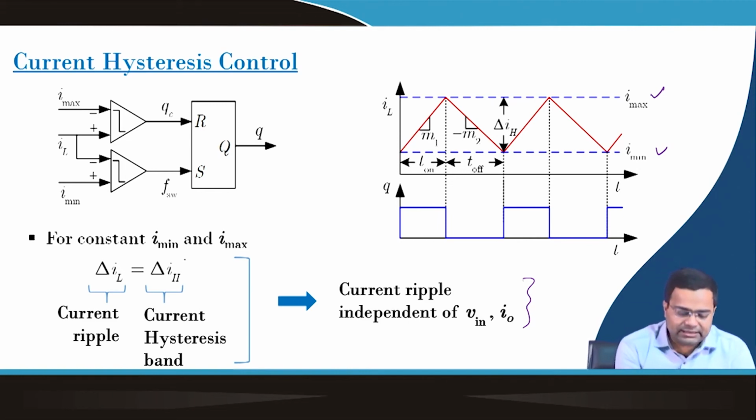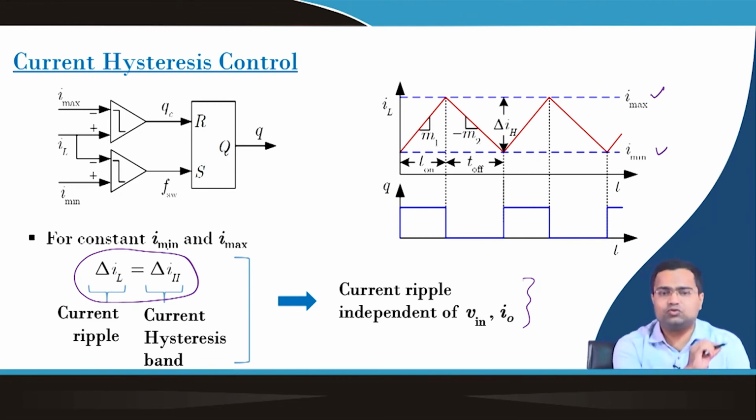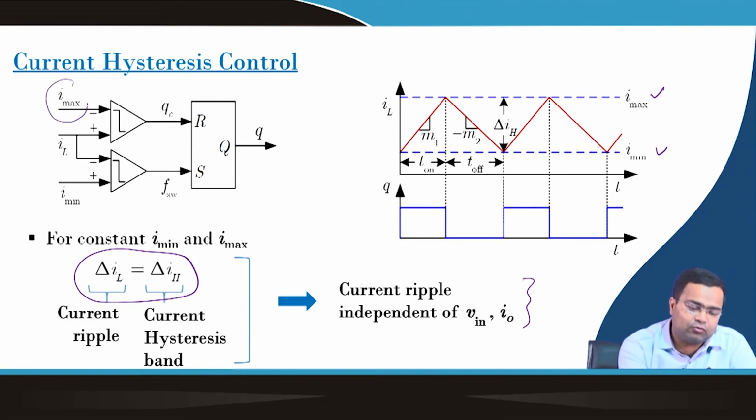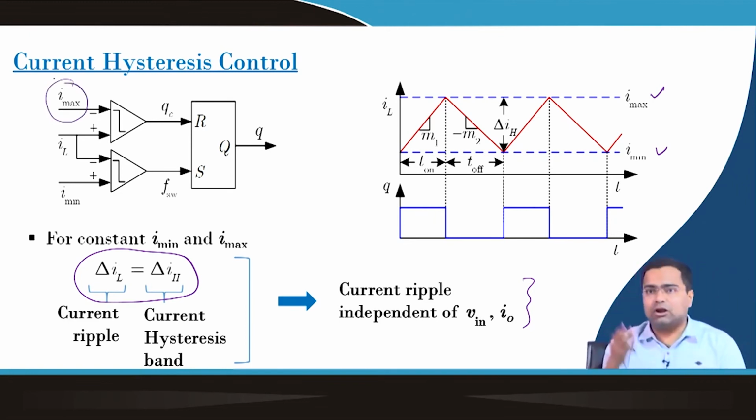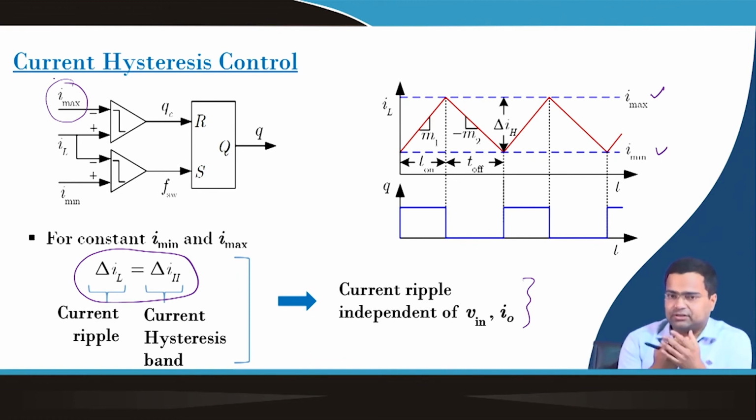But this condition cannot be met when we design closed loop control, because one of the current references will come from the outer loop, the other current reference will be generated by subtracting the hysteresis current level, that we will discuss, and the current reference will carry some ripple information of the output voltage, which will cause some ripple effect in the reference current.